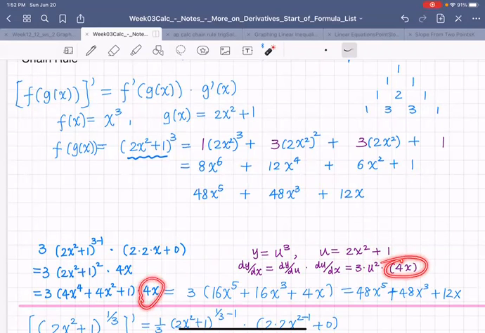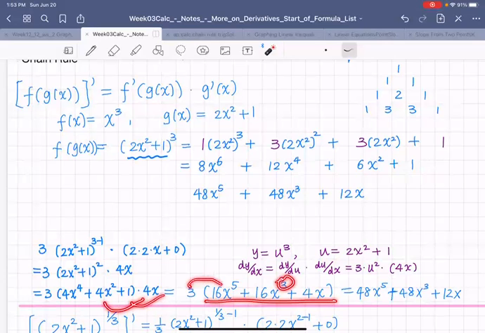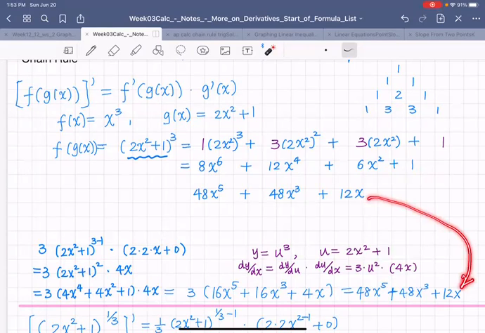Yes. And then this is 16x to the power 5, plus 16x to the power 3, plus 4x. We multiply them individually. Look at here. Do they equal? Yeah. Okay. Do you like the chain rule?